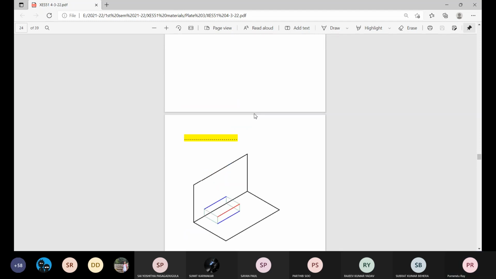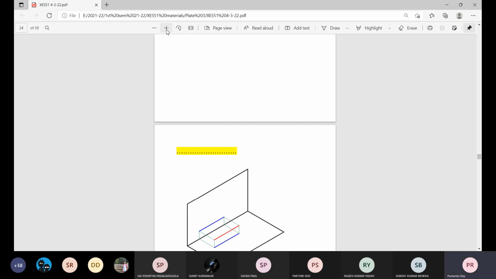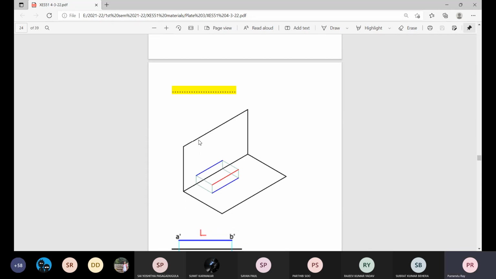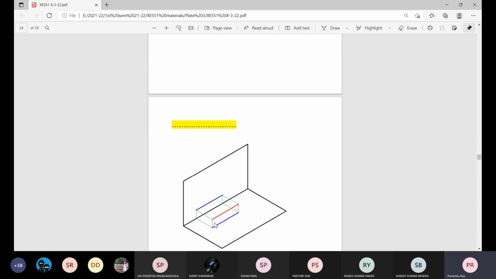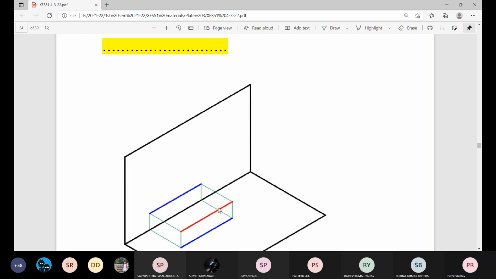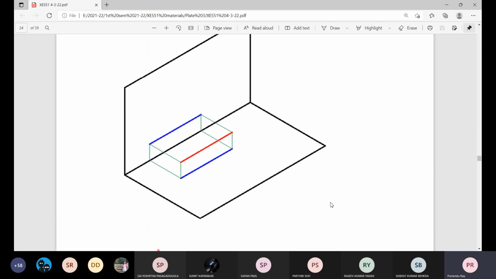regarding straight line. Now, for that straight line, which is placed in first quadrant, and this red line parallel to both the planes, normally we write it as the name AB.